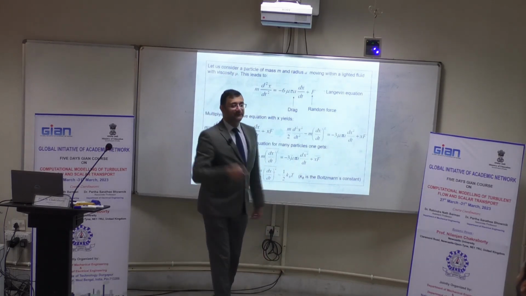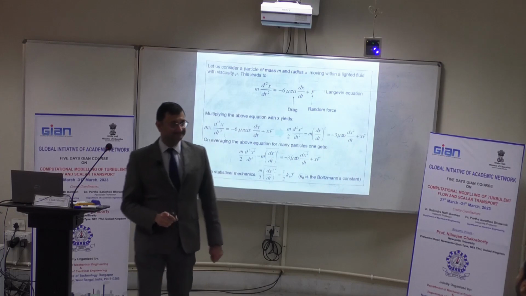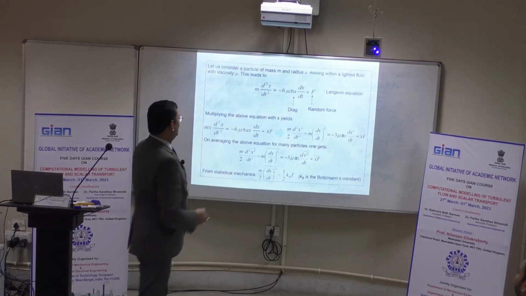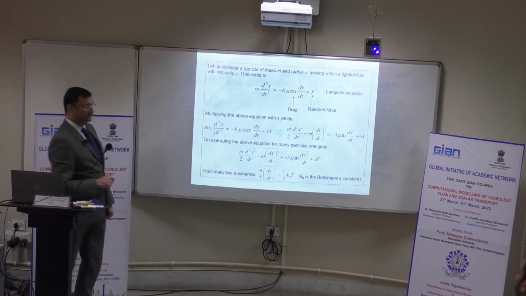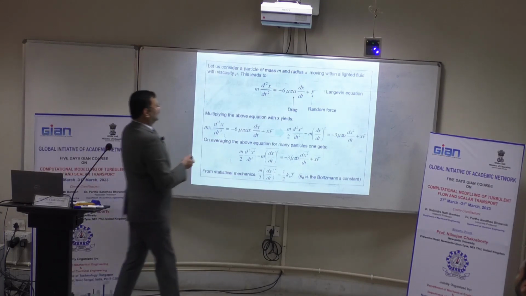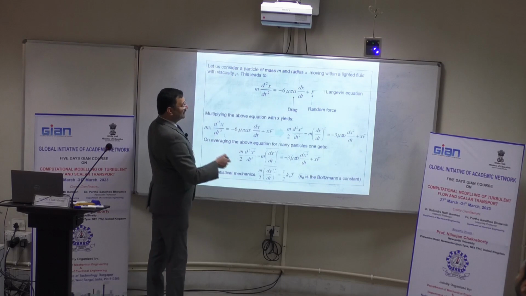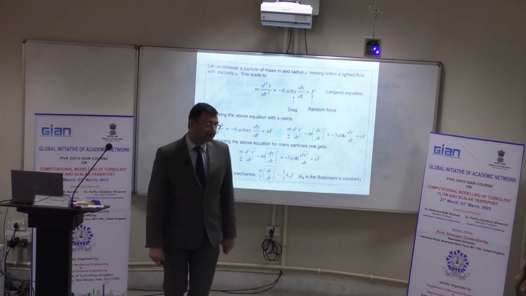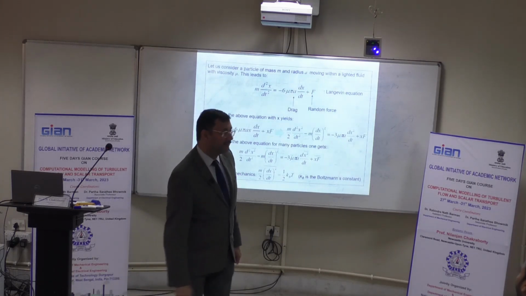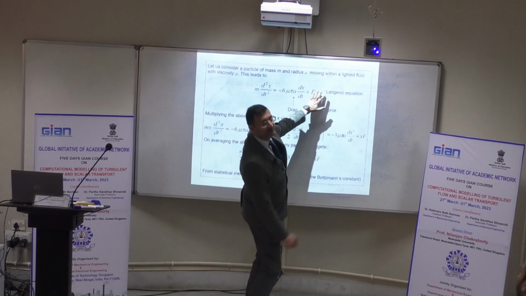F is some kind of random force, let's say. Okay? It's called the Langevin equation, but that's not important for the time being. So probably you can understand where this equation comes from. If I don't have any kind of random force, this will go to zero.